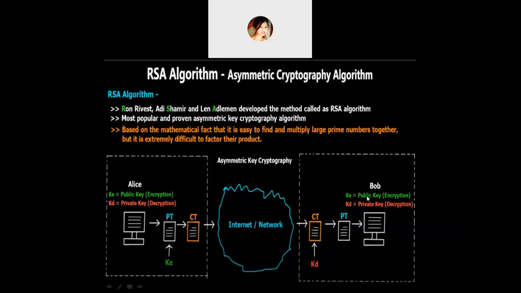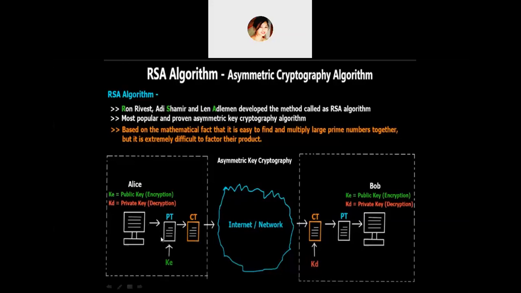Similarly, when we think the other way round, suppose Bob wants to send a message to Alice, what will he do? He'll simply take the plain text and apply the public key, that is KE, to this plain text, and he'll get the ciphertext.